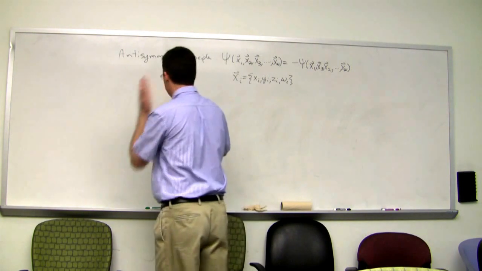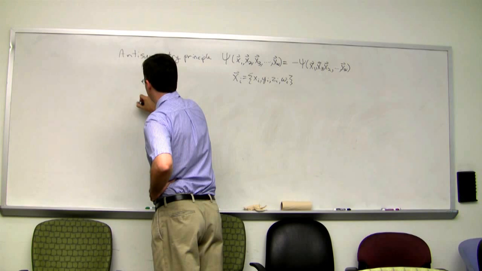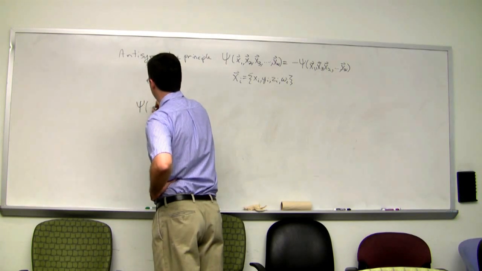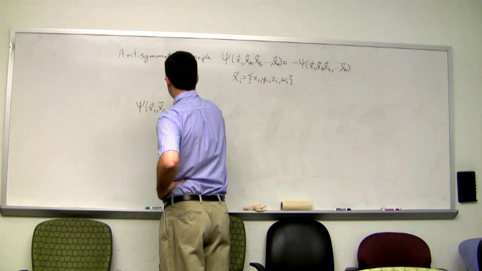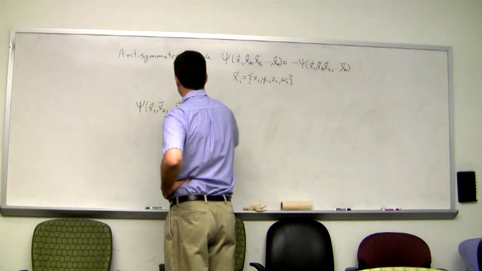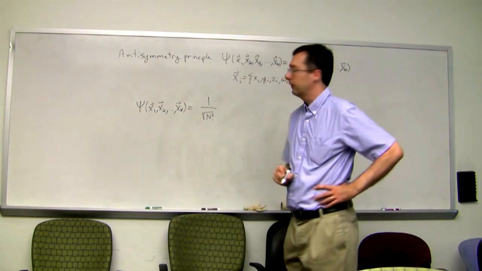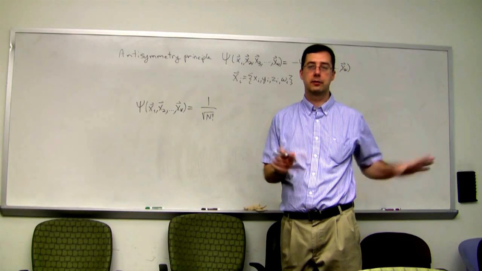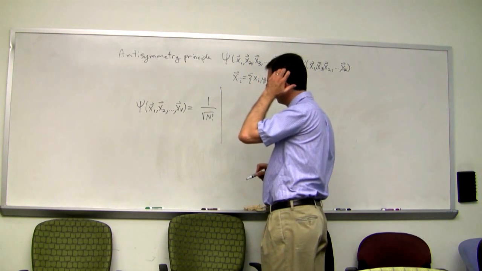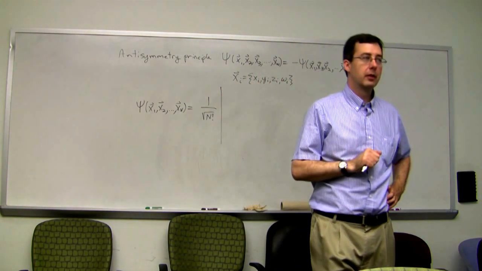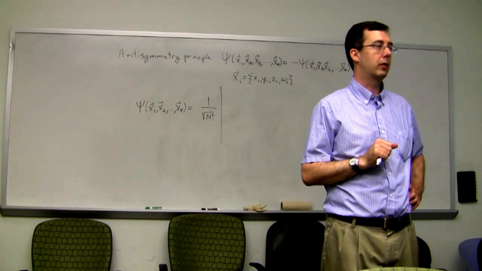So Slater said that you could write the wave function as 1 over square root of N factorial, that's just a normalization constant, that doesn't really do anything, times this determinant, where I'm going to use orbitals, and an orbital is just a mathematical function that describes what one electron does.